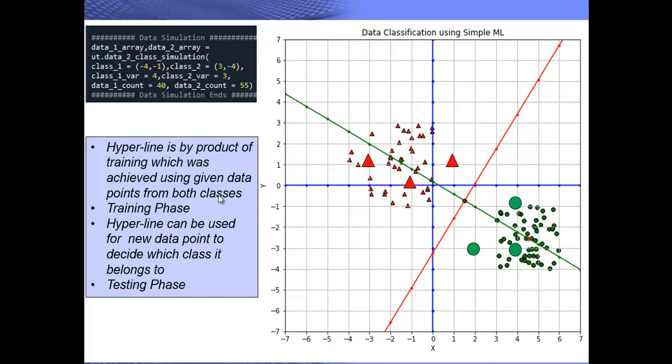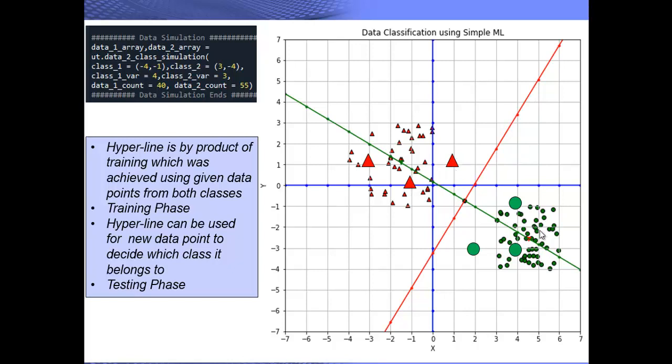And now let there be new data. Let's say these bigger triangles and bigger circles are the new data, and let us solve the hyperline equation for this point. Whatever value we get after solving that equation for this point, the sign of it will decide whether that point is on this side or that side. The same thing will be done for this one, which is unknown because it was not used in the training while calculating the hyperline.